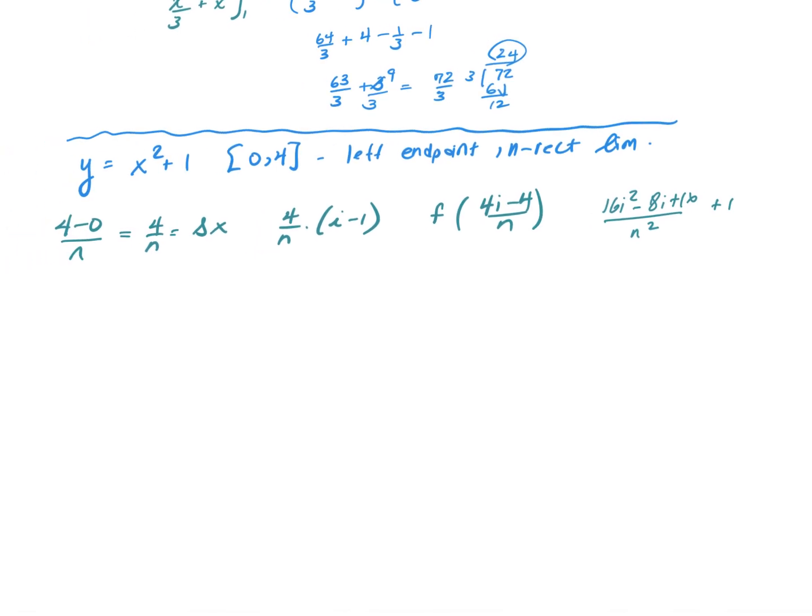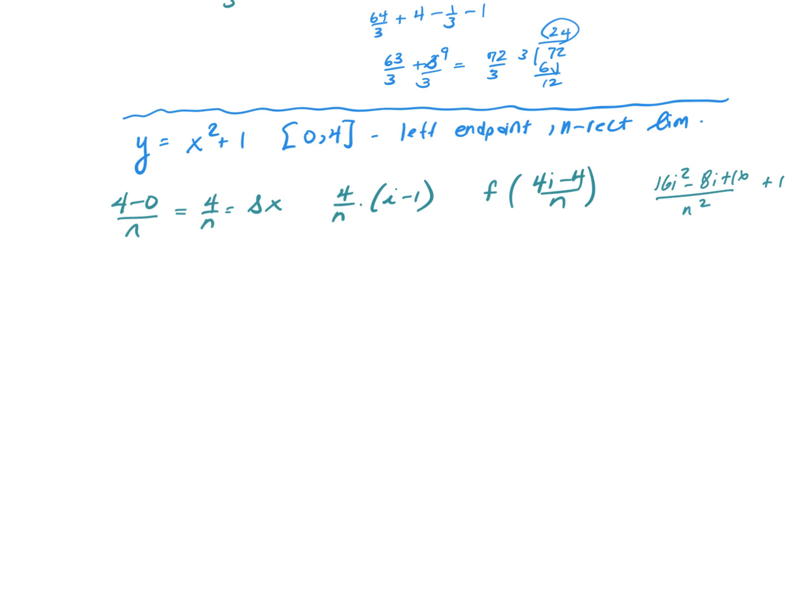All right, so let me put that into the summation. So we've got the limit as n goes to infinity, I equals 1 to n, 4 over n, and then I'm going to times it by, I broke this up. So 16I squared over n squared minus 8I over n squared plus 16 over n squared, and then plus the 1.